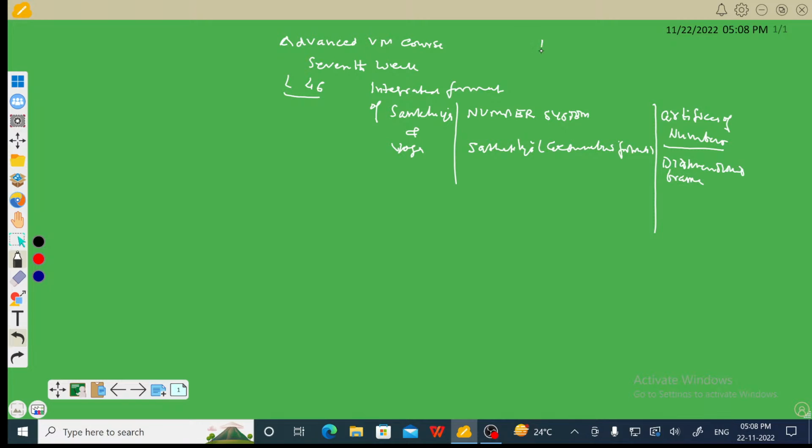When we say number n, we mean those steps, any number. These are the artifices, the units which are leading us to number n. And when we say n-dimensional frame, that means space of n dimensions.